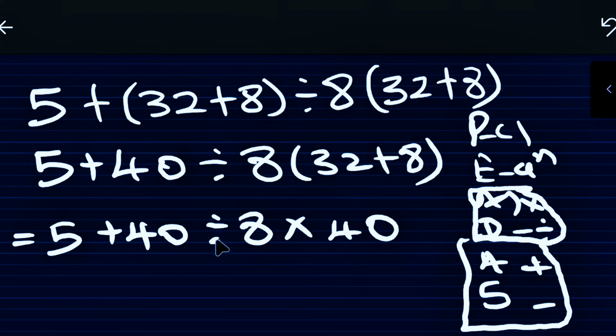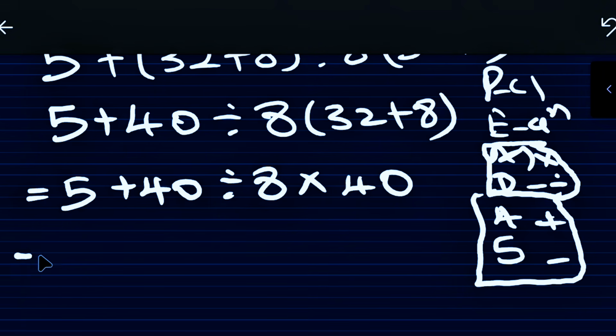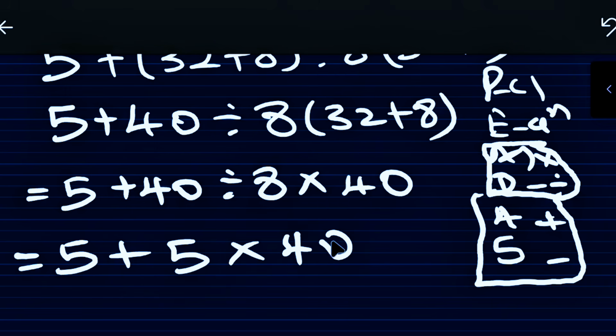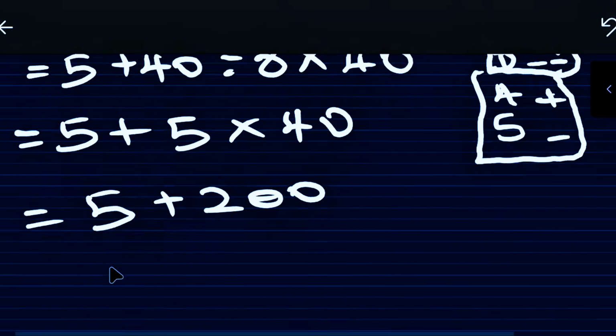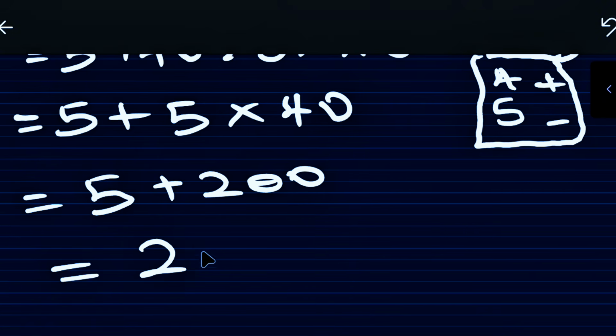So from here, looking at this division and multiplication, because both of them are of the same priority, we have to solve from the left to the right. So we are going to have 5 plus 40 divided by 8 equals 5 times 40, okay, and 5 times 40 equals 200. So we have 5 plus 200, and 200 plus 5 equals 205 as the right answer.